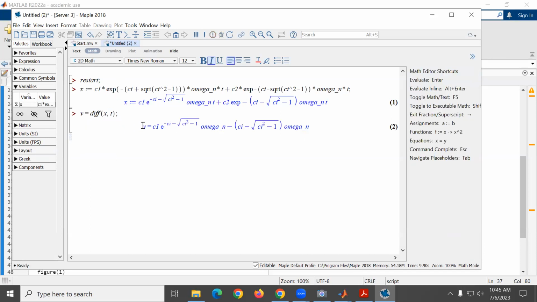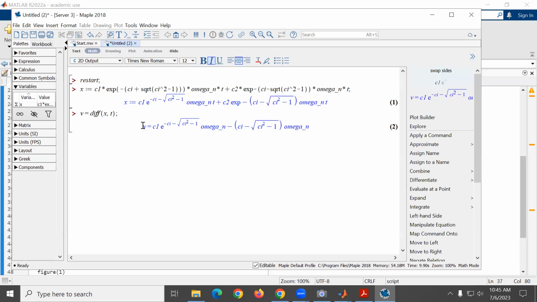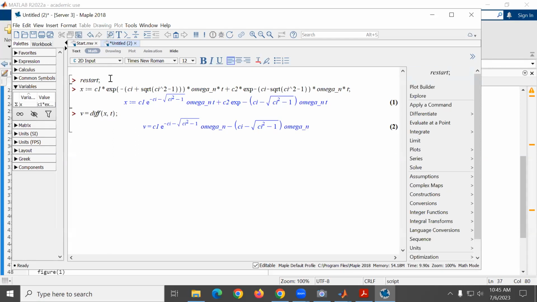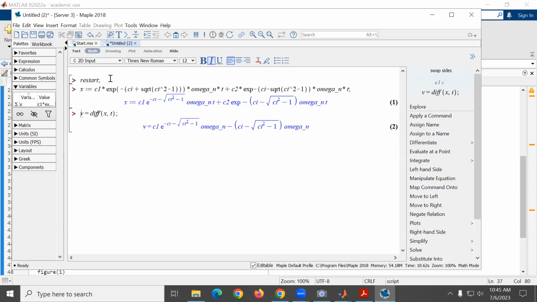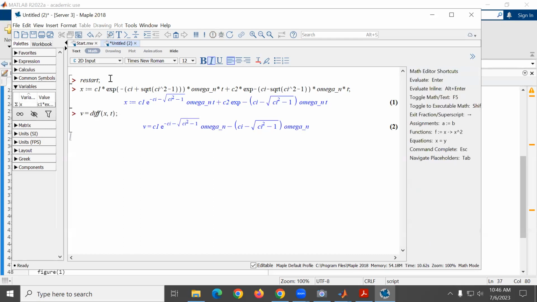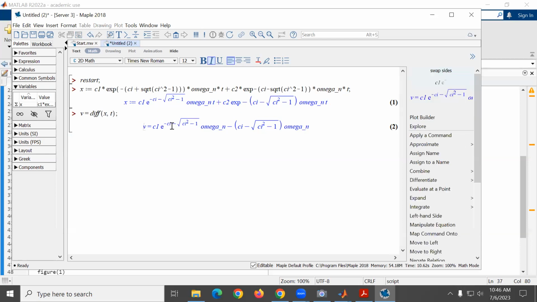Okay, now it looks a lot better. Did you take the derivative? Oh, let's see. Let me do this. Okay, is that it? So yeah, this is one here. Okay, okay, that's it. Let's trust MATLAB.